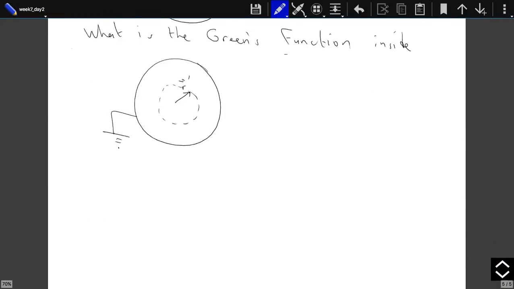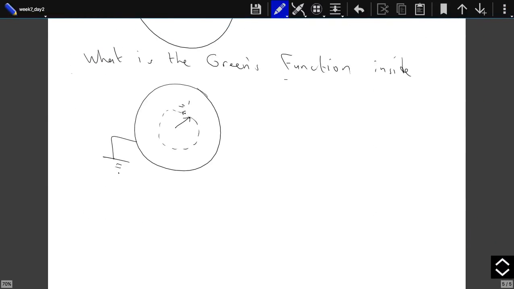So let me put that R prime somewhere else. This is my R prime. So there will be an image charge. You see, Green's function is the solution for a point charge with unit charge.